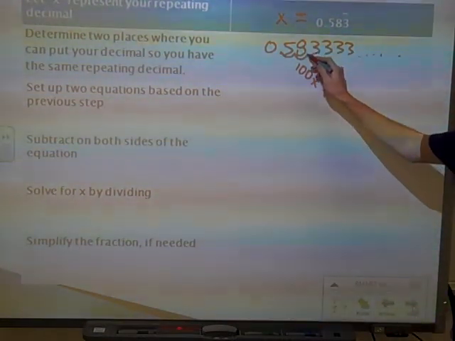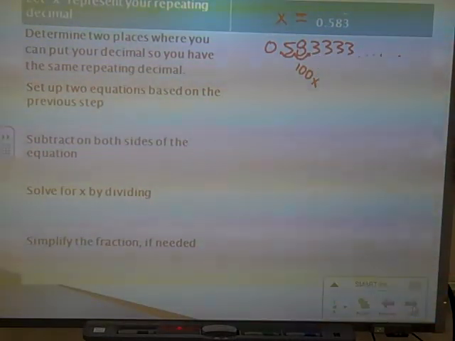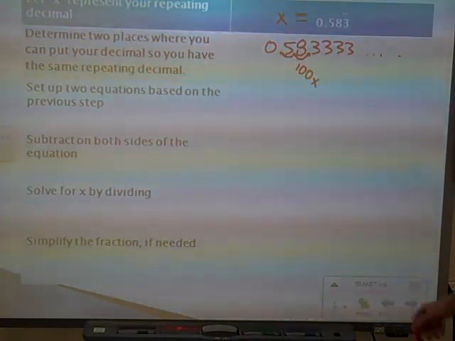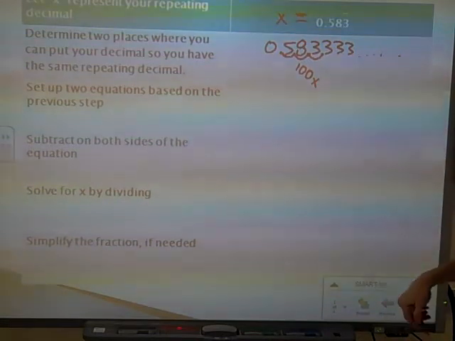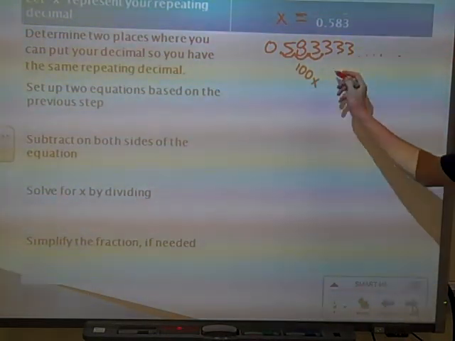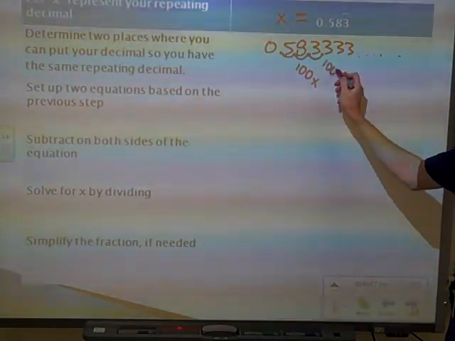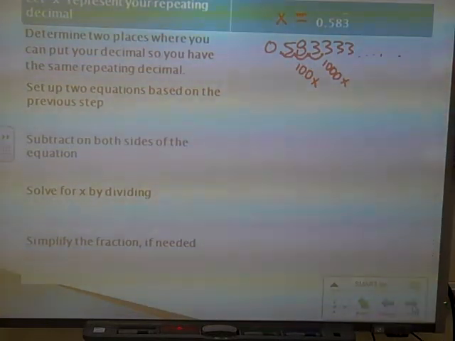So that will give me 58.333333. I'm then going to move it over one more place as well to get 583.333333. And to do that, I had to do 10 more, which means I'm multiplying by 1,000. So 1,000x.